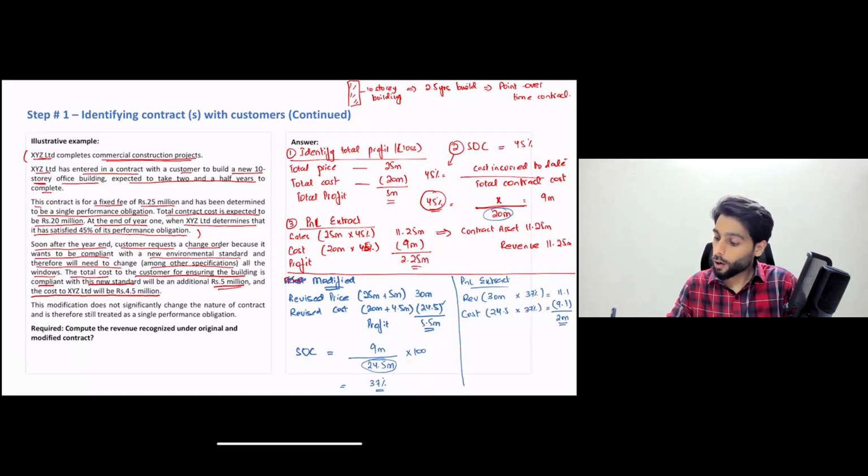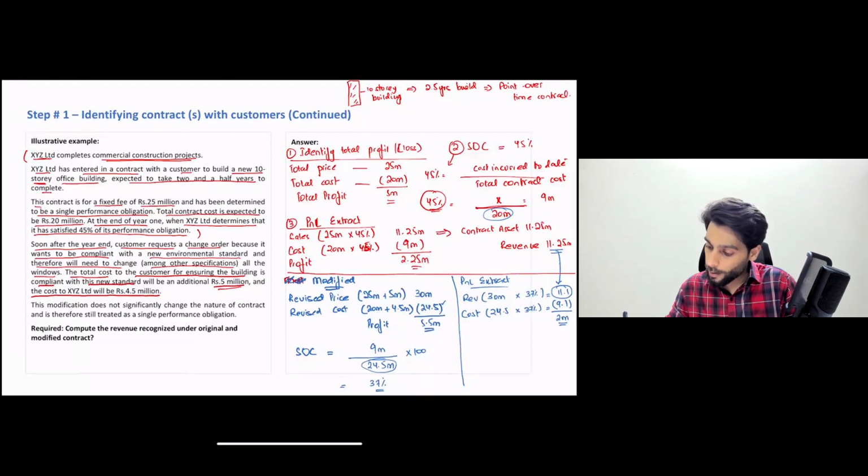Now, if you see, you had already recognized revenue of 11.25 million. 11.25 million worth of revenue had already been recognized. And now, based on the revised contract values, you need to recognize a revenue of only 11.1 million.